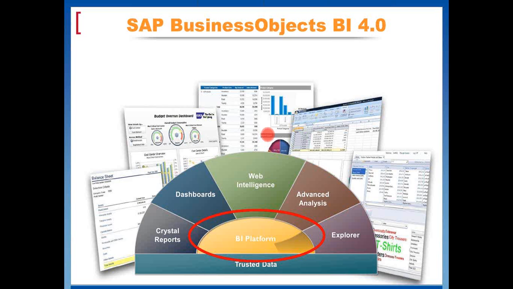This advanced analysis is a component which will enable you to connect to these OLAP based sources such as SAP BW systems to consume existing models that are available in the SAP BW server, such as SAP BW cubes and SAP BW queries that are being created and preserved, which are available in the BW system.